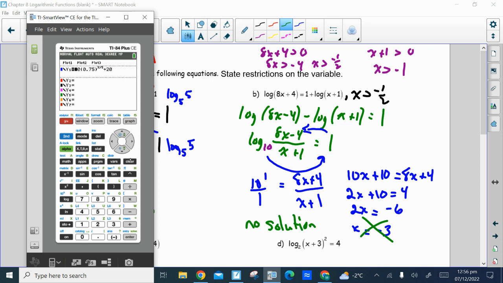So I'll go to y equals, and I'll type in for y1 the log of 8x plus 4. y2 would be the right side, 1 plus the log of x plus 1. And again, we can just use a log key for these ones because they are common logs. No base indicated, which means base 10. When you hit the log key in the calculator, that's what you're using.